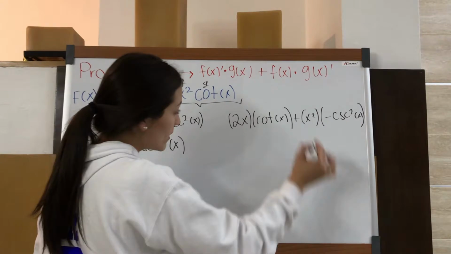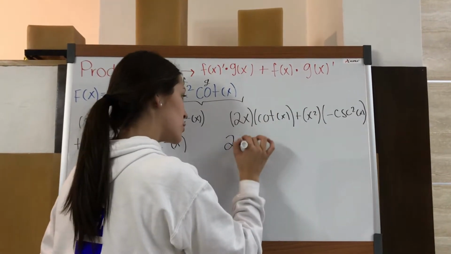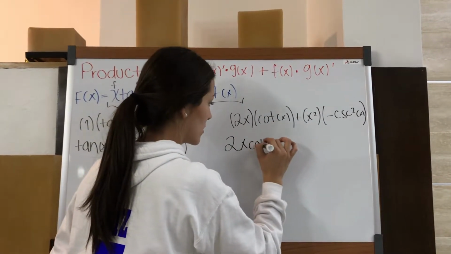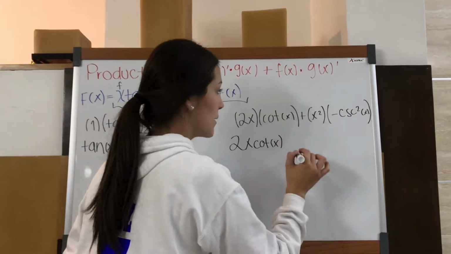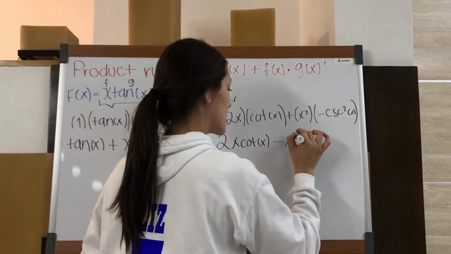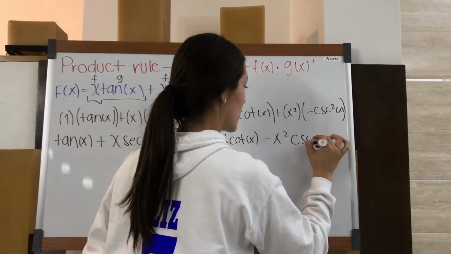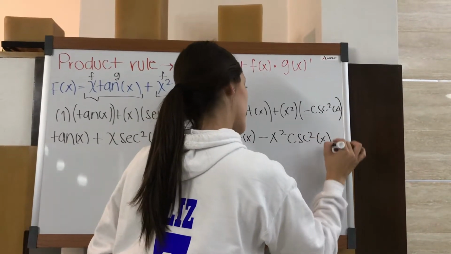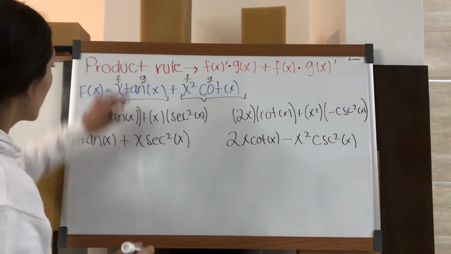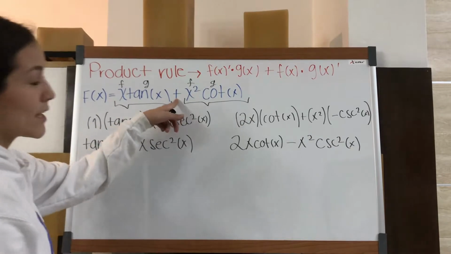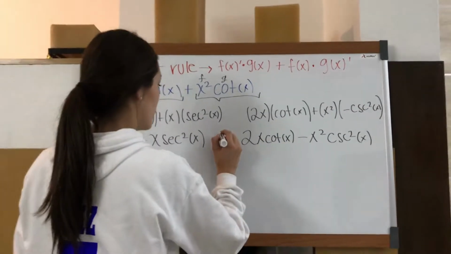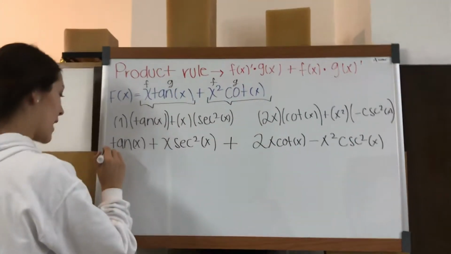We have to solve it, and we get 2x cot x minus x squared cosec square of x. And we have to put the sign that is in the middle, so plus, and this is the answer.